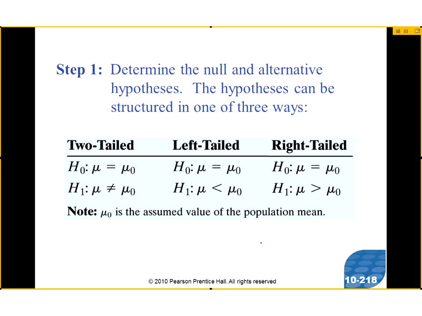Oops, I did that backwards. Here's where the H1 is where they're not equal. In the left-tailed test, H1 is that mu is less than mu naught, and in the right-tailed test, H1 is that mu is going to be greater than mu naught.